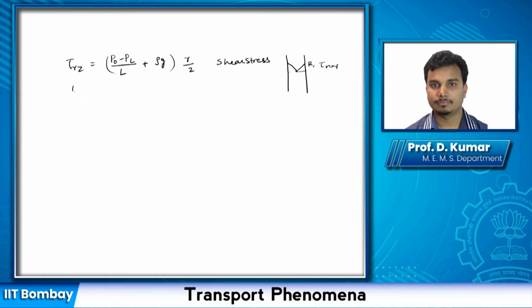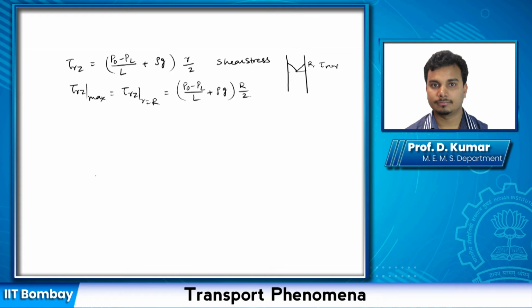So one can write tau rz max is equal to tau rz at r equals R, that is at the wall, and this value is p naught minus pL by L plus rho g, times R by 2. Okay, so now we know what the shear stress at the wall will be.